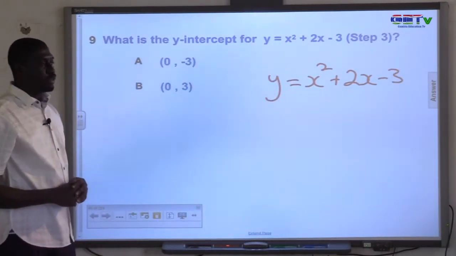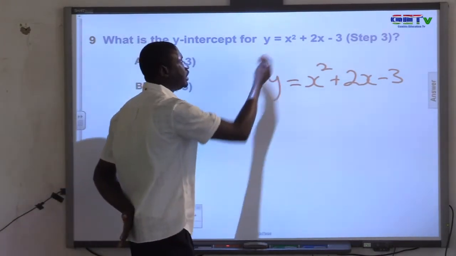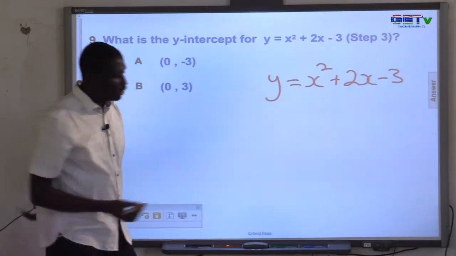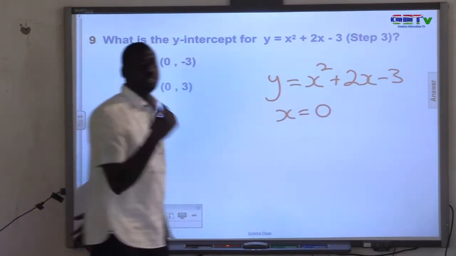The y-intercept is found when the x value is 0. When x is equal to 0, that will give us the y-intercept.